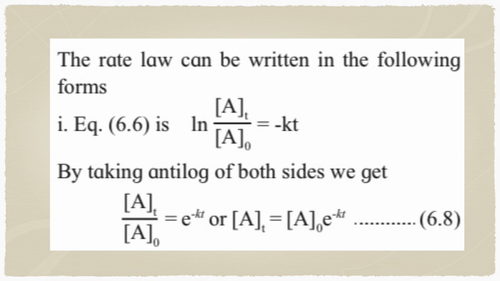Therefore the molar concentration of Aₜ upon the molar concentration of A naught is equal to e raised to minus kt, or we can simply write it as [A]ₜ = [A]₀ × e^(−kt). Over here I have just taken the molar concentration of A naught to the right hand side. So this is one way of writing the rate law.